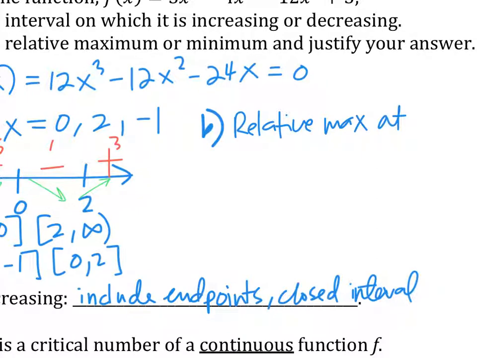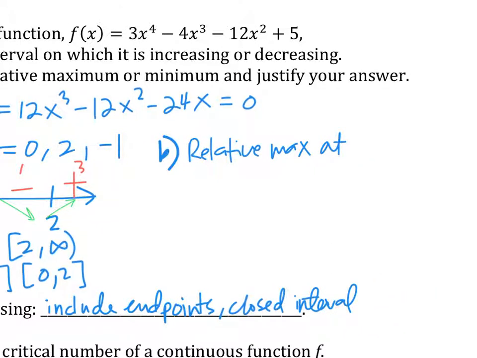At x equals 0. And if they want the actual point, then you have to put it in. So 0 and then 5. So I put 0 into the original function. And I'm going to leave a space here because I'm going to write the justification. But before that, let's just finish this problem with the relative min.